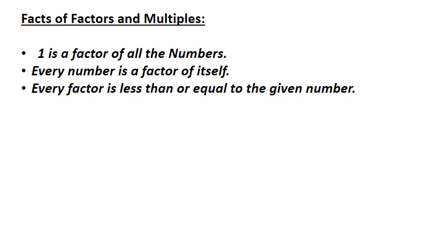So when we are talking about factors, factors are always smaller than or equal to the given number. For example, if I am finding factors of 17, the factors are either less than the number or equal to the number.